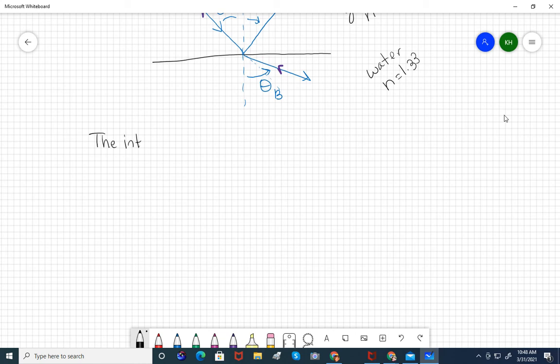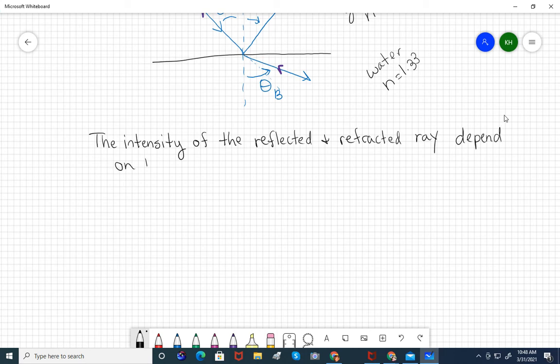The intensity, let's just say, of the refracted and the reflected light depends on the angle.